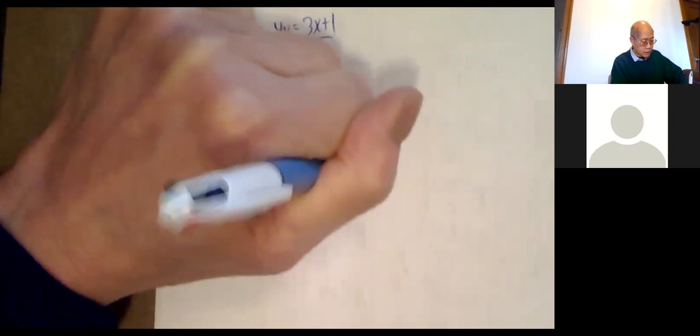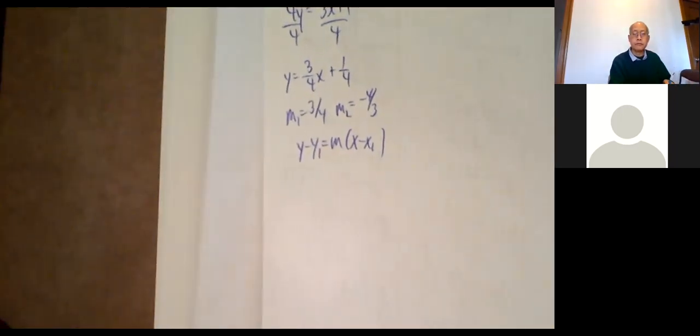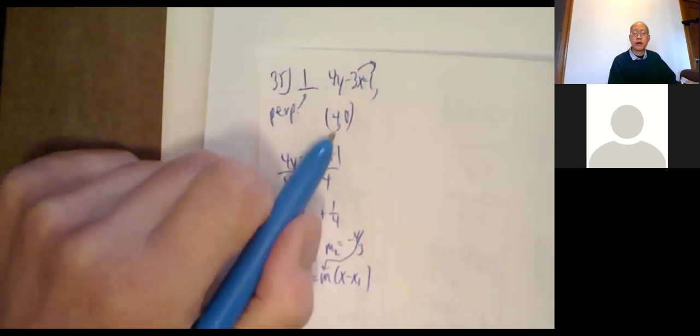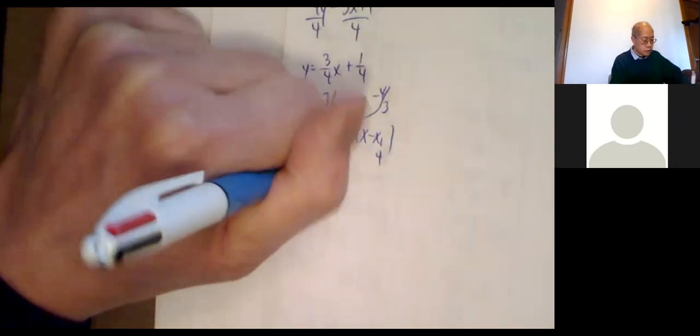Throw it into the point slope form. y minus y1 equals m times x minus x1. Okay, so negative 4/3 goes there. And we are given the point (4, 0). That's x1, y1, right? So 4 goes here, 0 goes here.